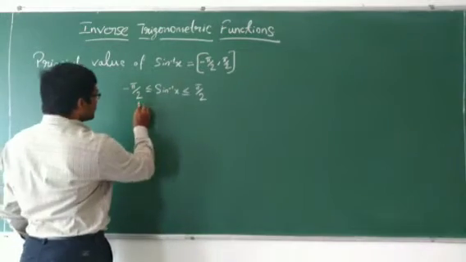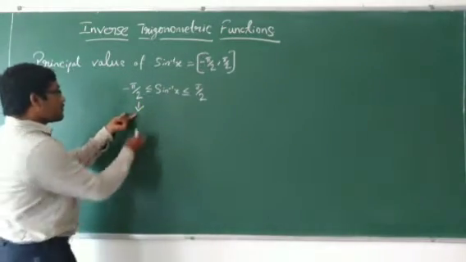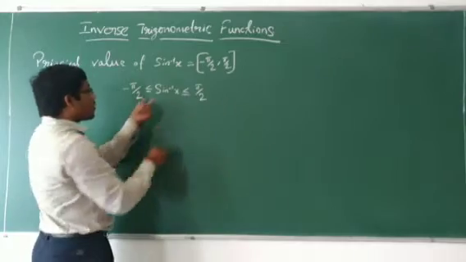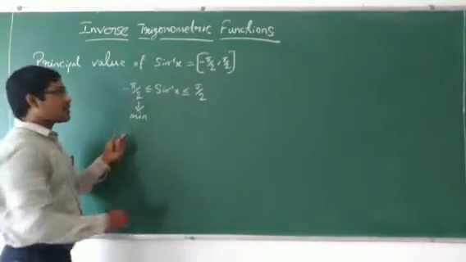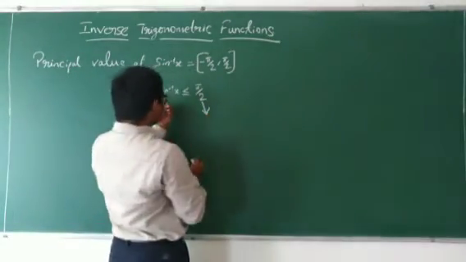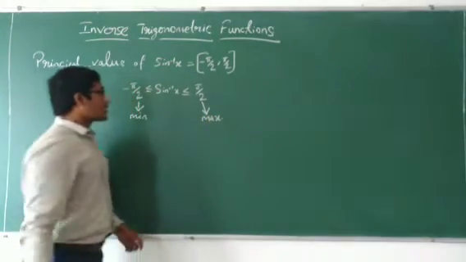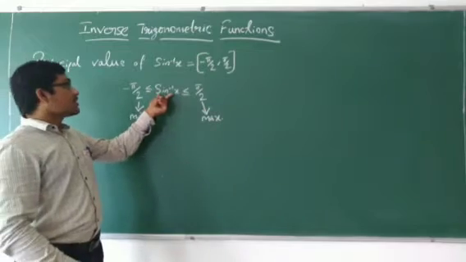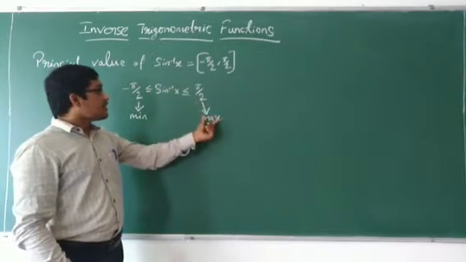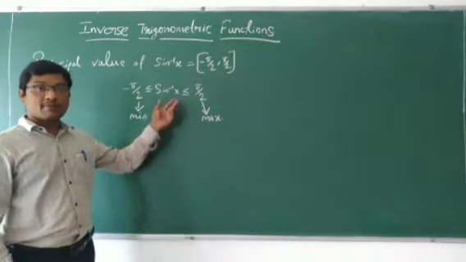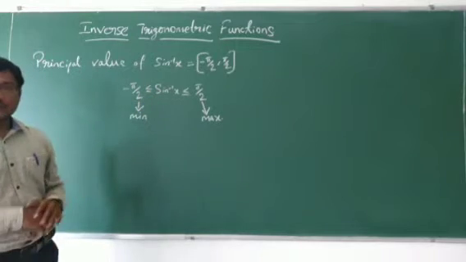What this says is the minimum value of sin inverse x is minus pi by 2. The maximum value of sin inverse x is pi by 2.